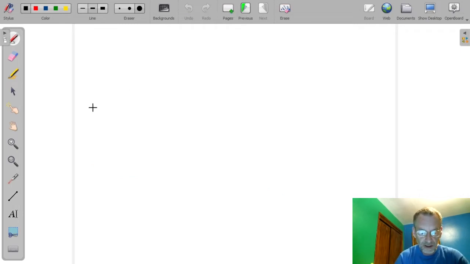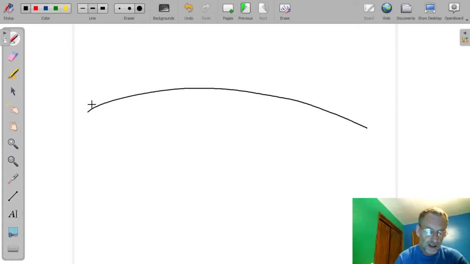So let's make this the cell membrane. And just to get oriented, this is the extracellular fluid, so that's the outside of the cell. And this would be the intracellular fluid, cytosol, cytoplasm. And this is our sodium-potassium pump. So let's put the pump in.